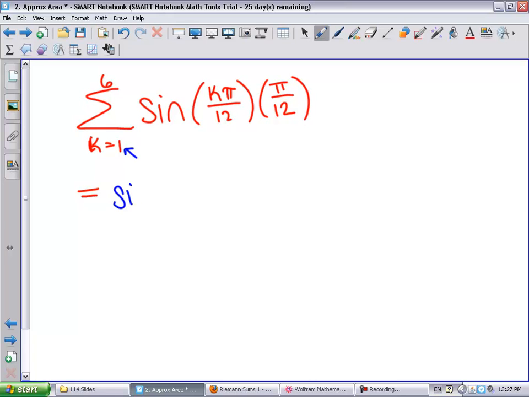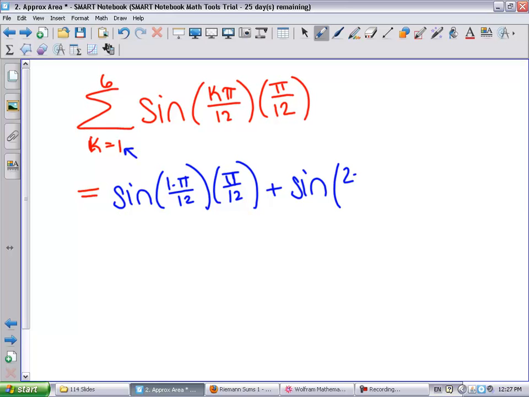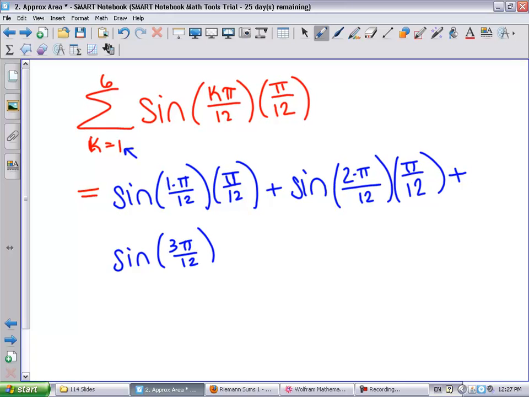So we have sine of 1 times pi over 12 times pi over 12. That's the area of rectangle number 1, plus what comes after 1? 2. So sine of 2 times pi over 12, and then the pi over 12 for the width. So that's the area of rectangle 2, plus sine of 3 times pi over 12 times pi over 12.